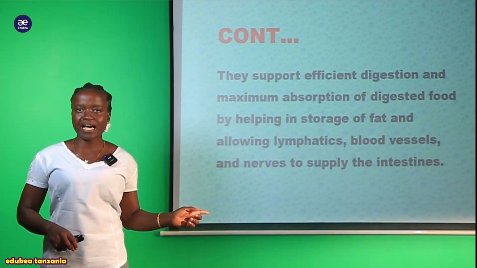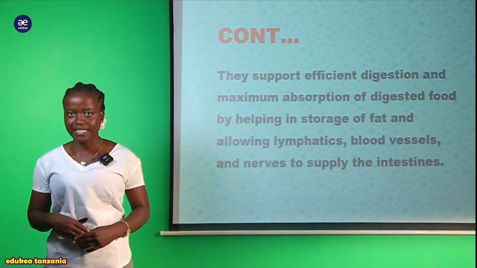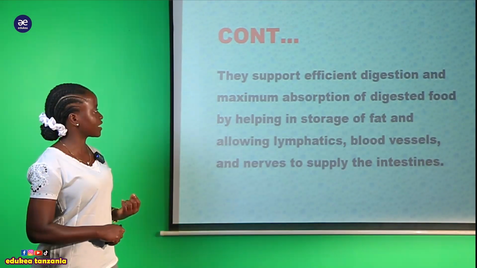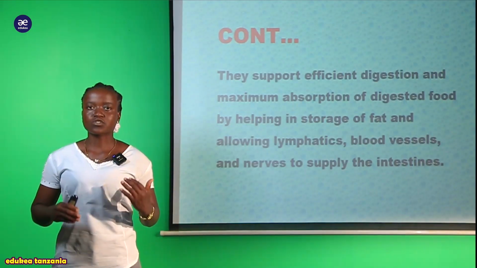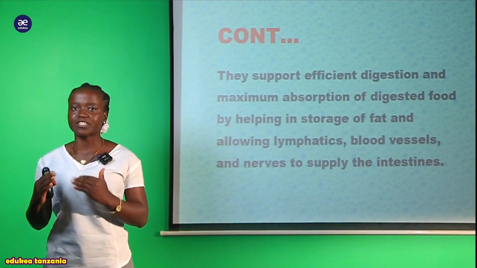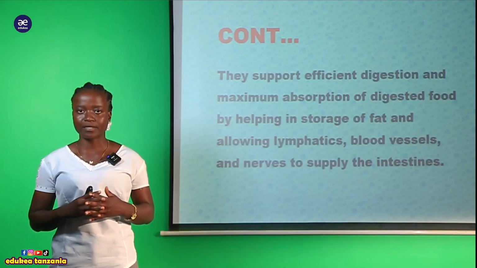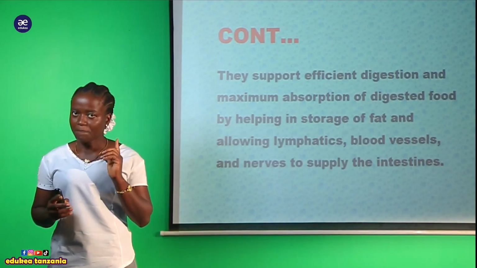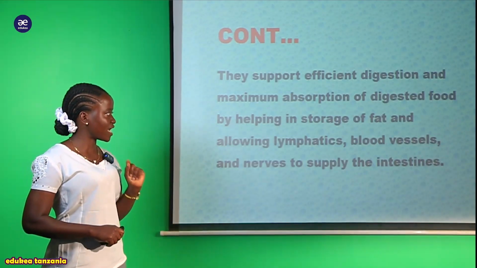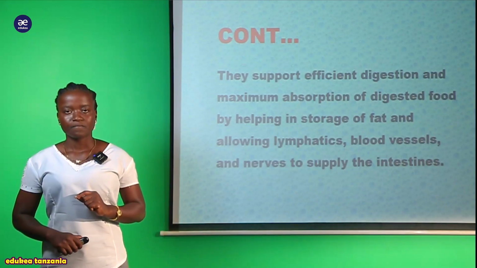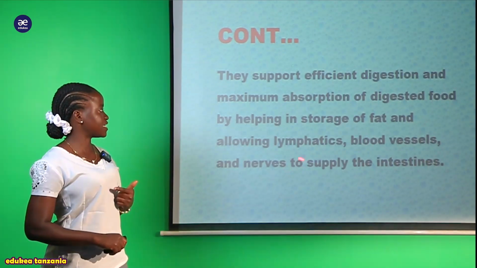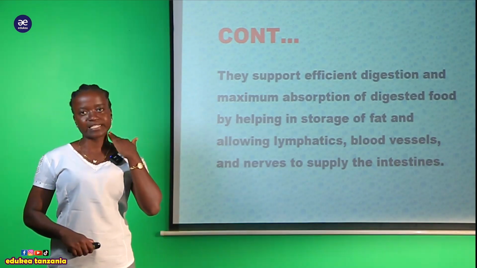So apart from the support, also this mesentery inasaidia kwenye kazi ya storage of fat, and stores different kinds of fatty material which are found within the organism. And apart from that, we are saying that it allows lymphatics, blood vessels and nerves to supply the intestine.